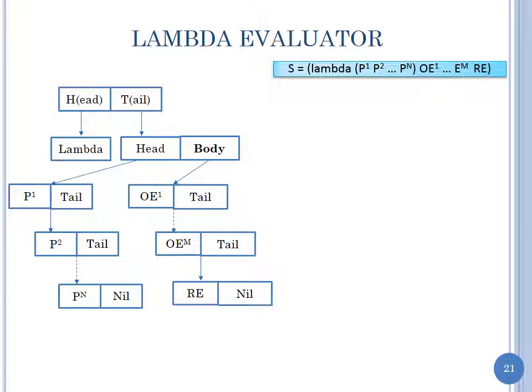Yeah. Did I get it wrong? Are you allowed to write lambda, parentheses with nothing in it, or just omit the parentheses altogether? Yes. So in that case, you would be going from tail to head to OE1, OEM, right? In that case, your head will be nil, right?